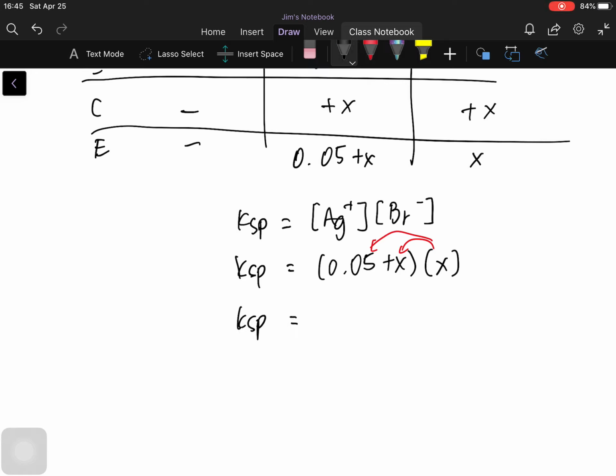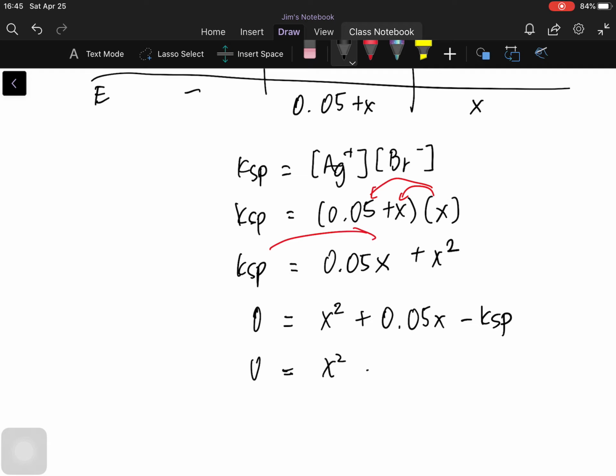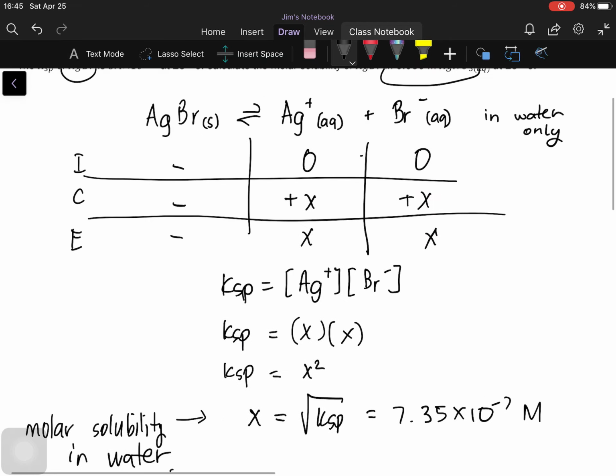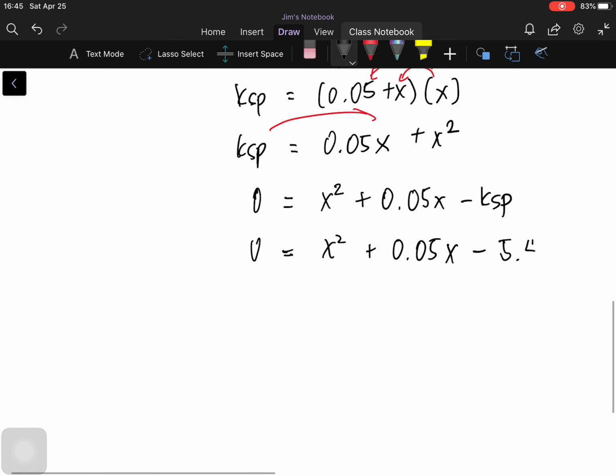That is KSP equals 0.05x plus x squared. Then we're going to transpose KSP to the right side to linearize our equation. So that is 0 equals x squared plus 0.05x minus KSP, or x squared plus 0.05x minus 5.4 times 10 raised to negative 13.